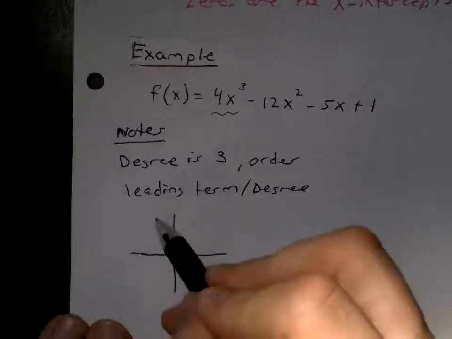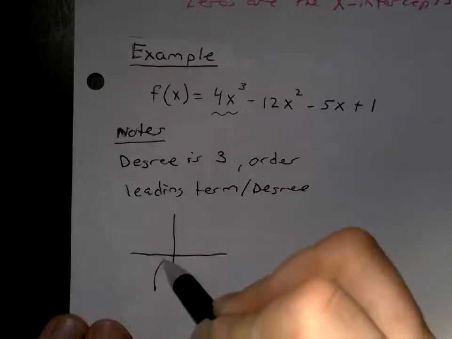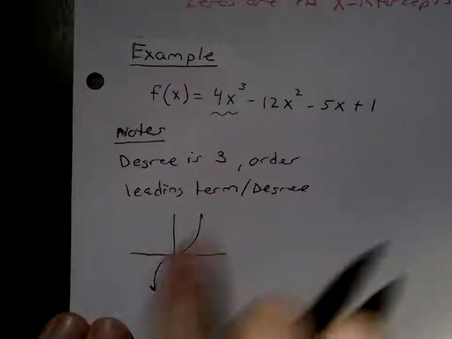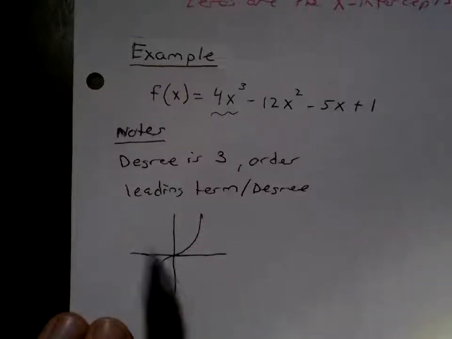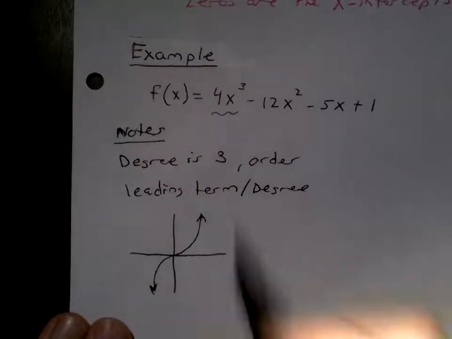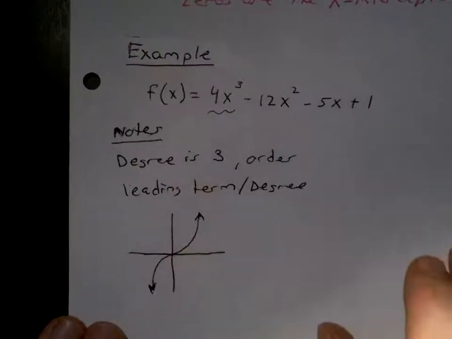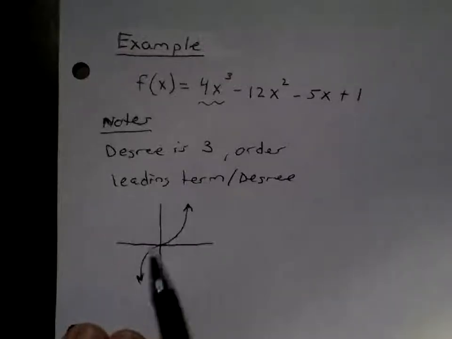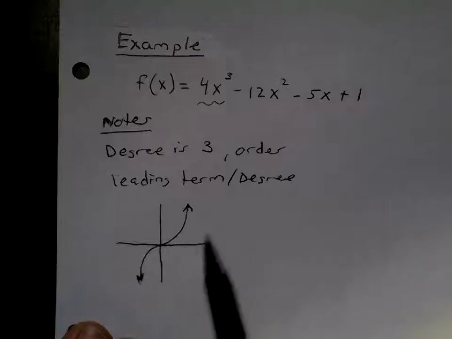Something like it's going to go like this. That's the way leading terms work, and here your arrows go there because you have an odd degree. Well, that's the picture we want. It's not necessarily going to look exactly like this with the 0. It might be over here. It might be over here.